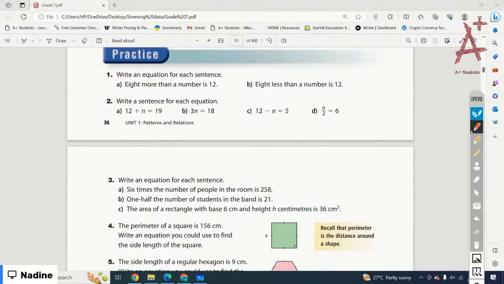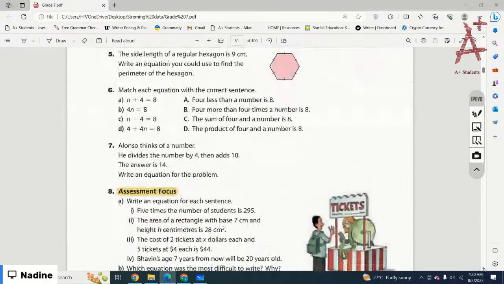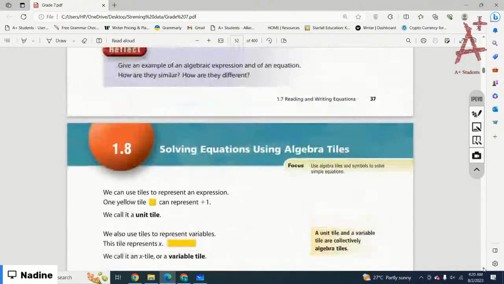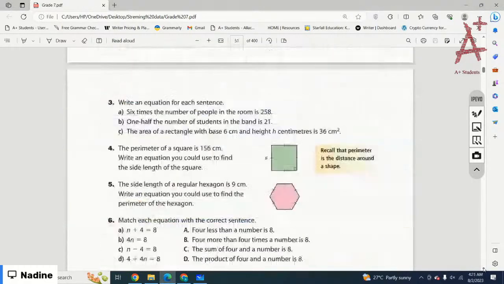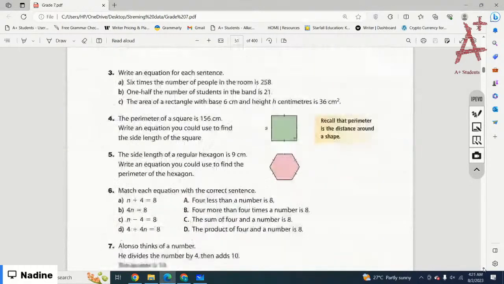Okay, let's see question number 5. The side length of a regular hexagon is 9 centimeter. Write an equation you could use to find the perimeter of the hexagon.